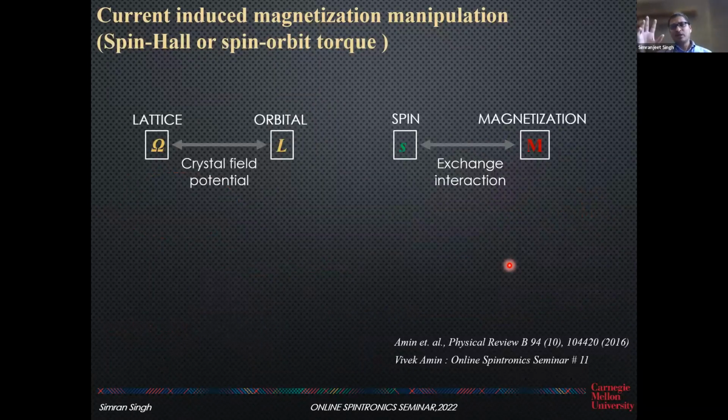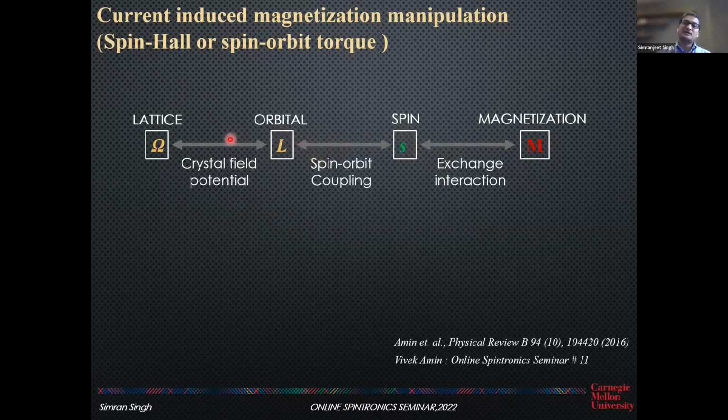So essentially, it's envisioned to be a more efficient way of doing magnetic manipulation as compared to spin transfer torque. At the end of the day, if you are trying to control the magnetization, you can couple it with spins, and through spin orbit coupling, you are coupling the spin degree of freedom and the orbital degree of freedom, and through that, you're coupling to your lattice.